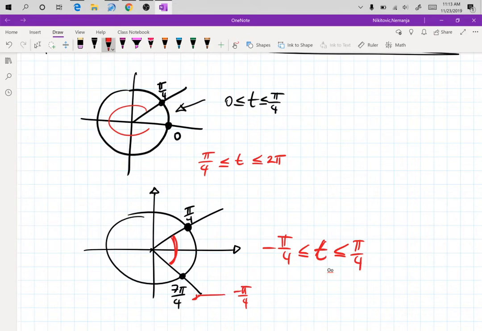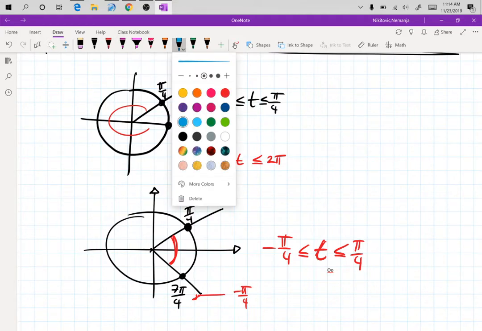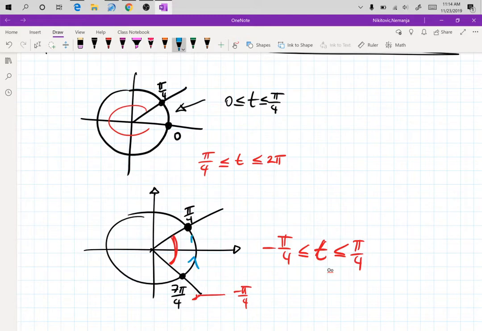And you still have now from negative pi over 4 all the way to positive pi over 4, which is 90 degrees, a pi over 2 in between. And the orientation will still be counterclockwise over here because we go from smaller number to larger number. You always for t go from smaller number to larger number.